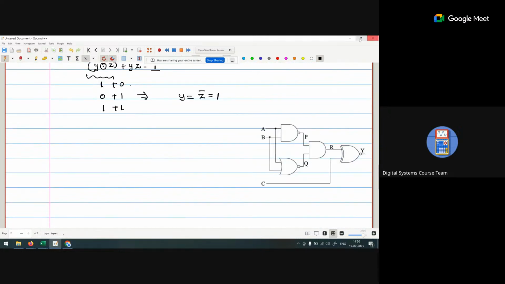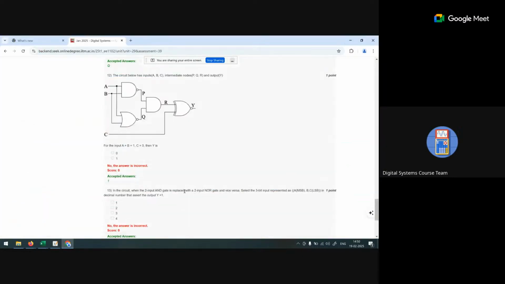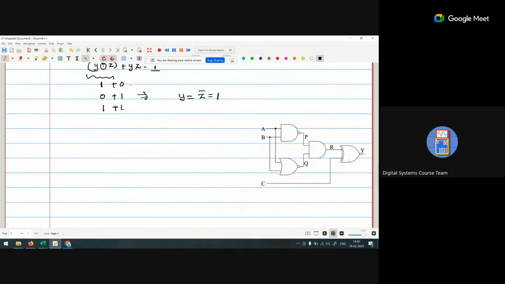Okay, this is my circuit. Now what I have to do is convert the 2-input AND gate and replace it with a 2-input NOR gate, and the NOR gate with an AND gate.